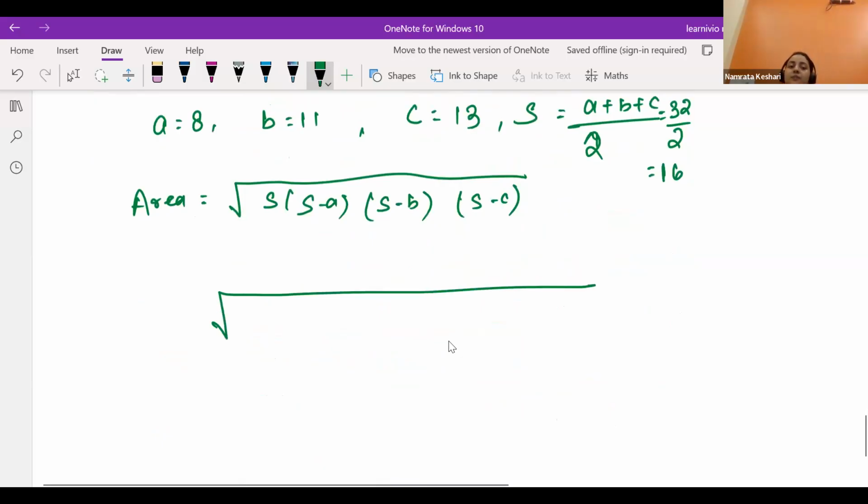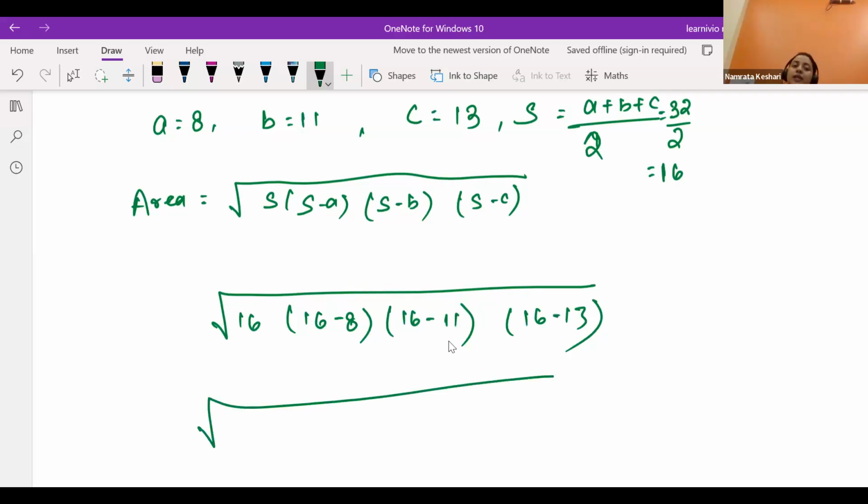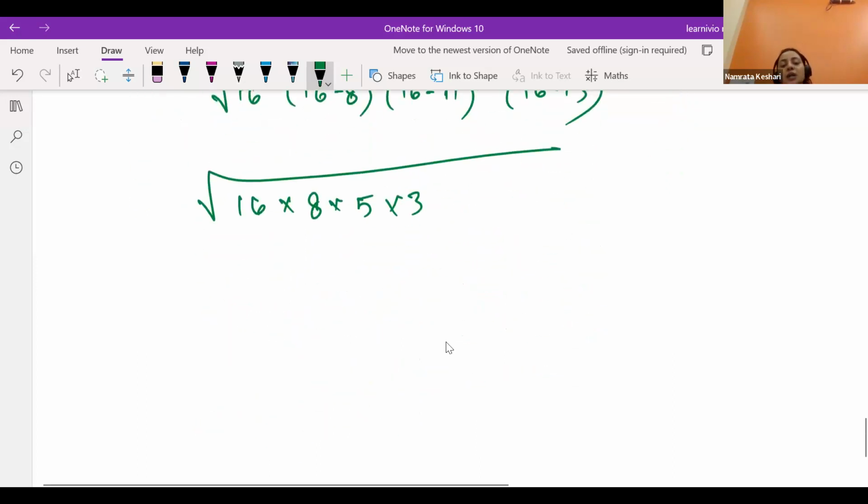S is 16. 16, 16 minus 8, 16 minus 11, 16 minus 13. Okay, we will be getting 16, 8, here 5, and here 3. I told you, please don't do the multiplication. Rather check which numbers are in pair, which can be taken out from the root.